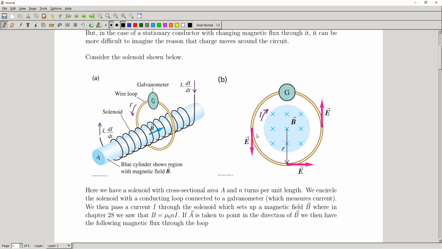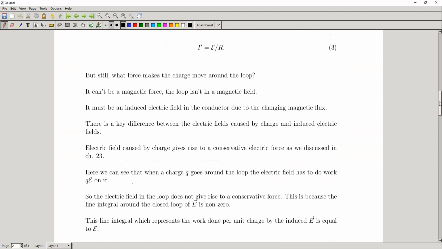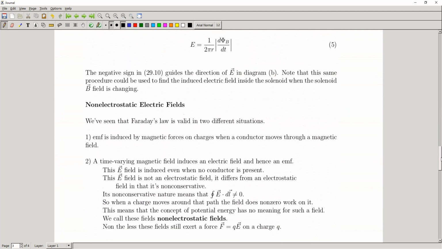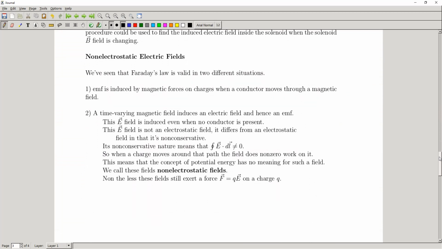We could get rid of this wire, but it would be hard to measure the electric field at that point. Even without the wire, there would still be this induced electric field in space. If you drew the electric field lines, they would look like the circles that we see here. At every point we would have our electric field pointing in the same direction that it does here. So there really is an electric field being induced whether or not there is a conductor present.